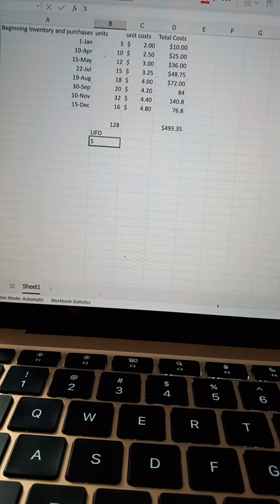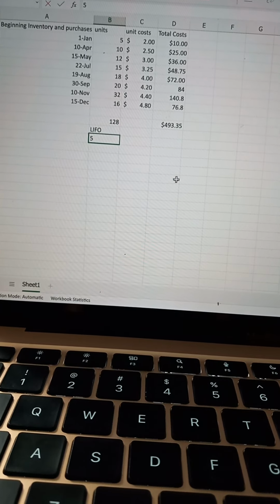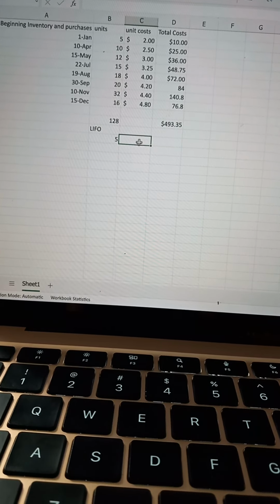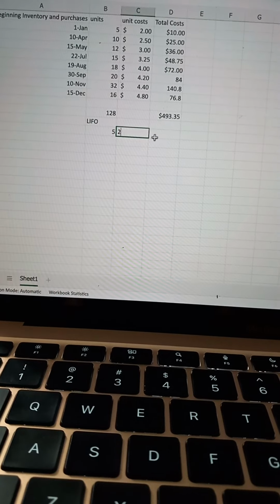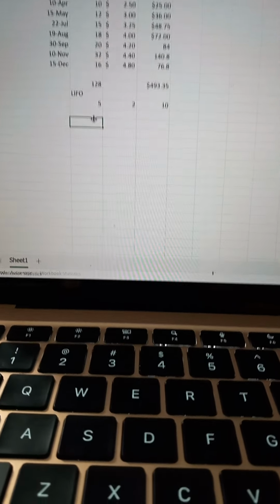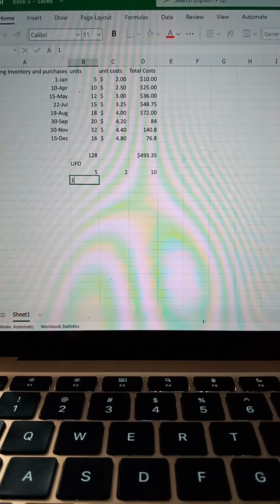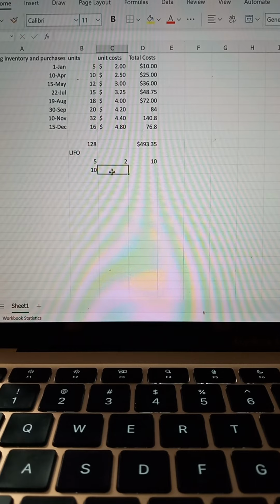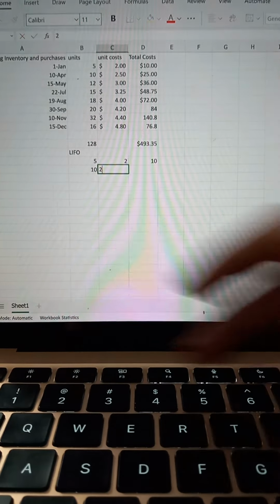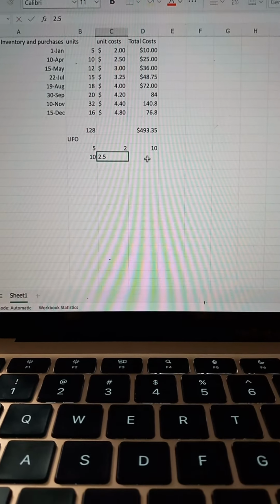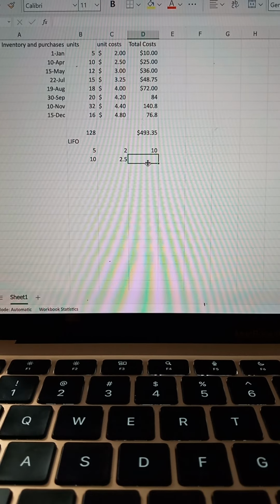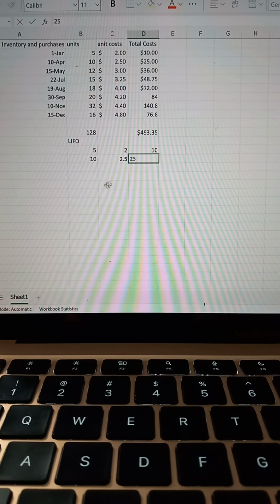So we're going to take the 5, and that's multiplied by 2, and that gives us the 10. And then we're going to take the 10, multiply that by the 2.5, which gives us 25.